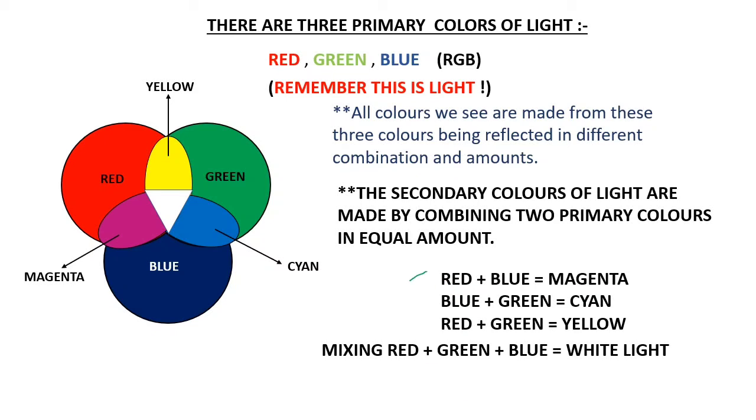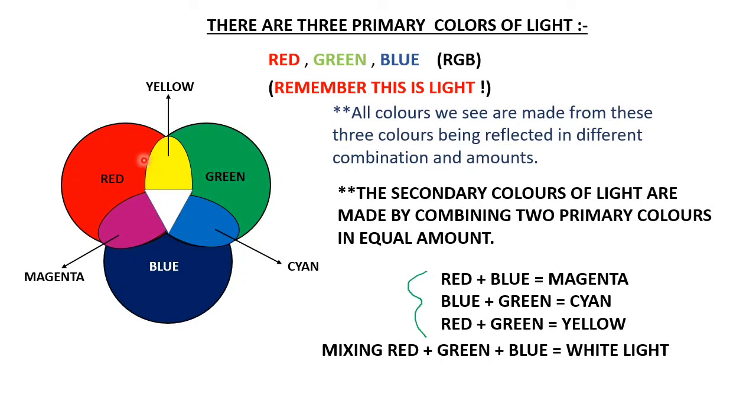The secondary colors of light are made by combining two primary colors in equal amounts. As you can see here, when red and blue combine, they form magenta. When blue and green combine, they form cyan.